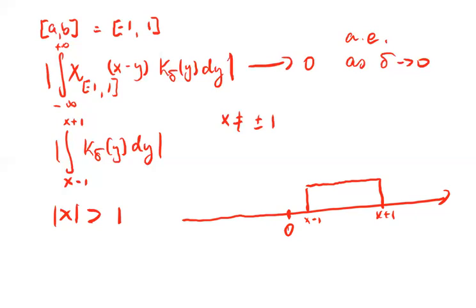Then if you choose your delta small enough, namely less than x minus 1, if x is negative, the picture looks the same, it's just reflected. Then you can put two pieces. Well, you don't have to.